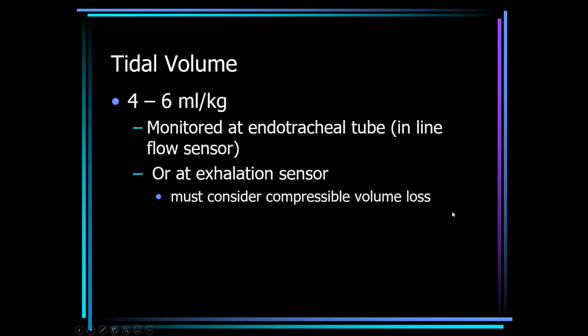All right, next is setting the tidal volume, which we don't, but we monitor exhaled tidal volume and then adjust our inspiratory pressure to achieve it. Unless, of course, we're in volume guaranteed and the ventilator does it for us.